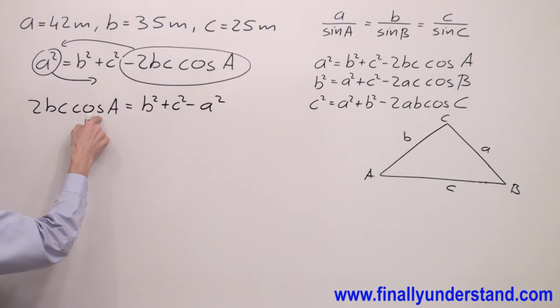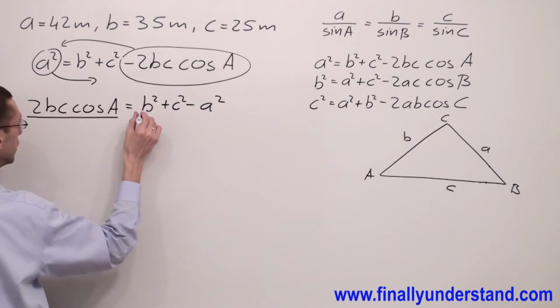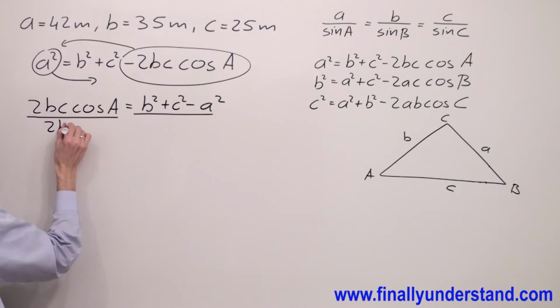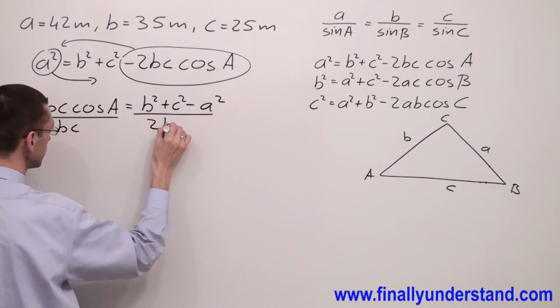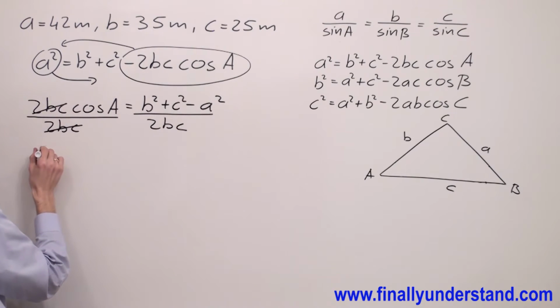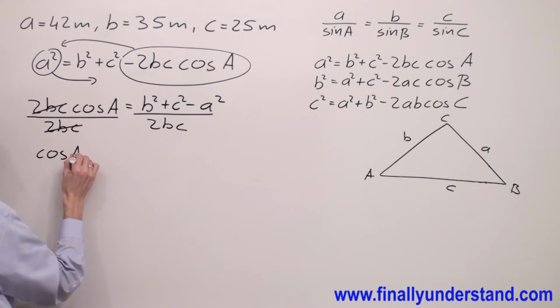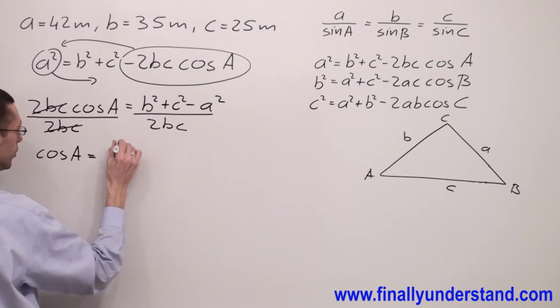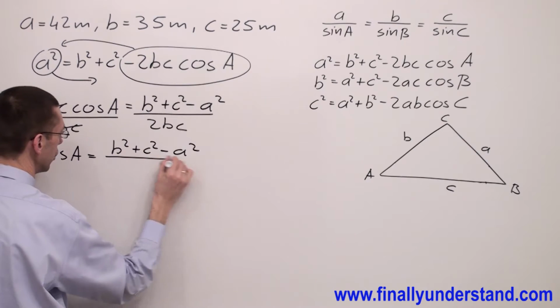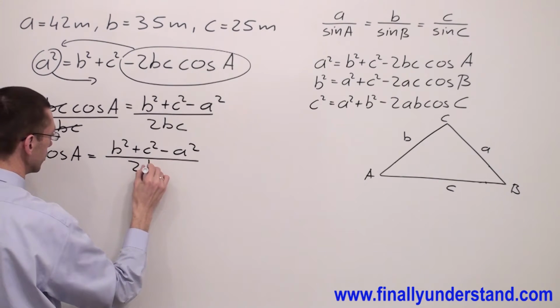In order to find angle A, I'm supposed to divide both sides of my formula by 2BC. 2BC and 2BC will cancel out. So I have cosine of angle A is equal B square plus C square minus A square over 2BC.